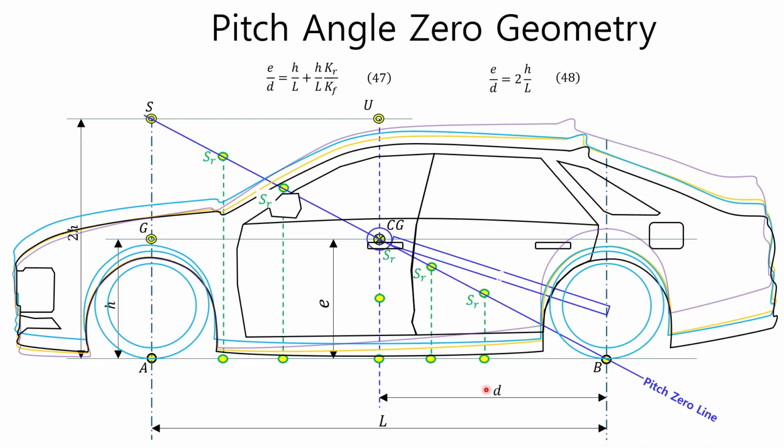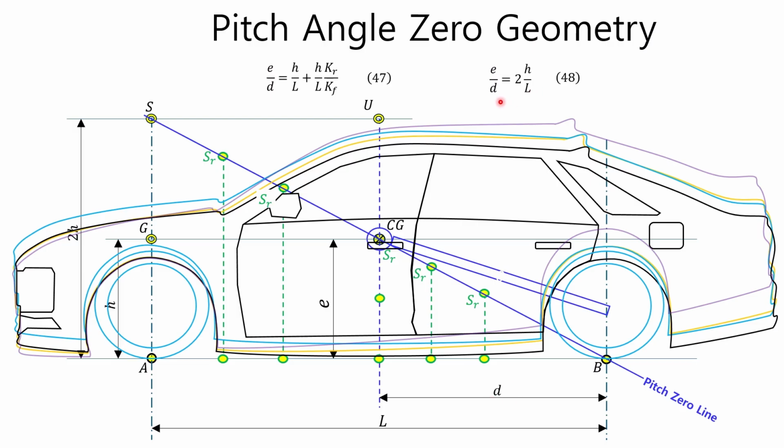The line satisfying this condition can be represented by the blue straight line in the figure. The blue inclined line is the straight line connecting the rear tire contact center, B, and point S. If a virtual reaction point, SR, exists on the inclined line between point B and point S, then according to the property of triangle similarity, the ratio of 2h to L always has the same value as the ratio of E to D, thus satisfying equation 48.